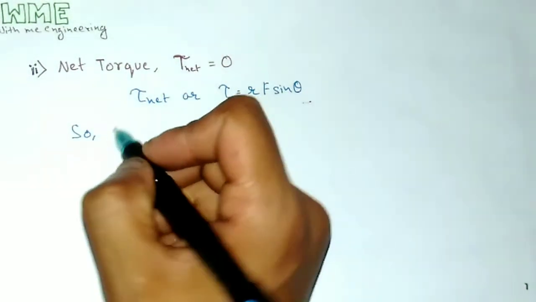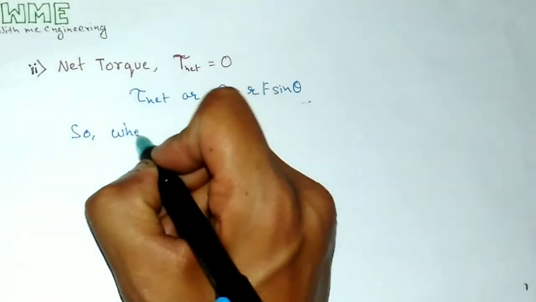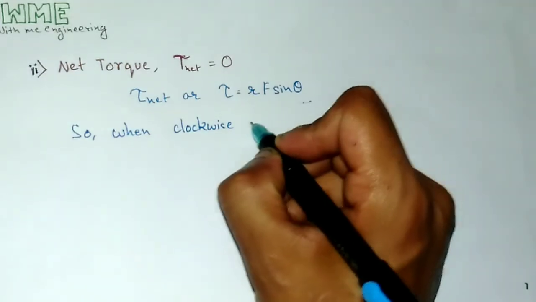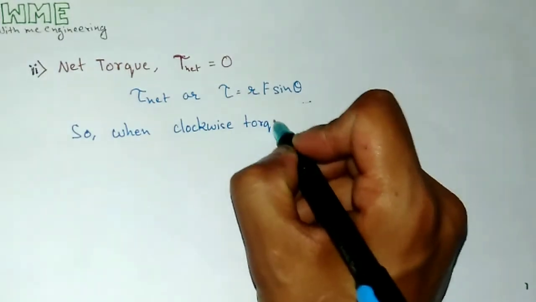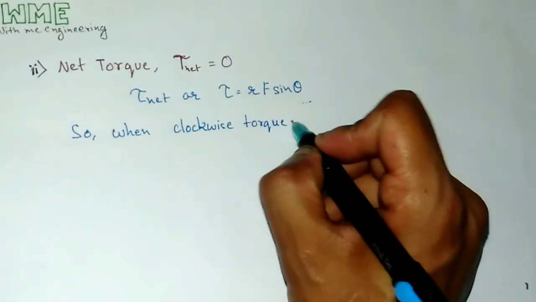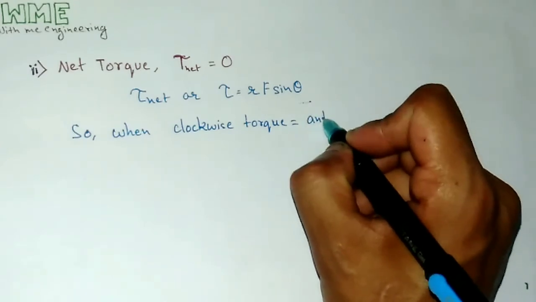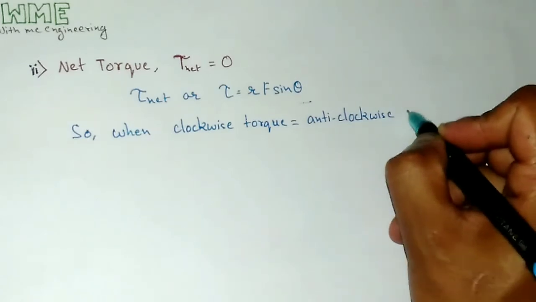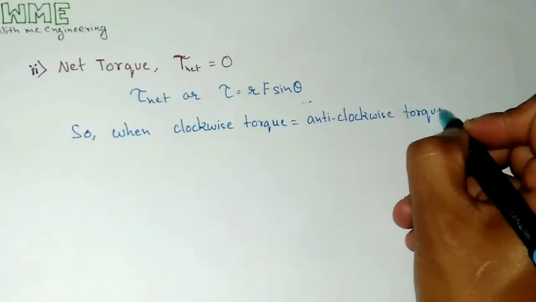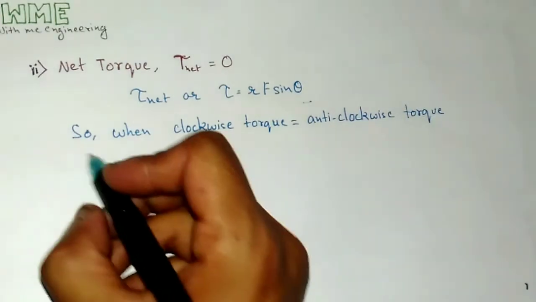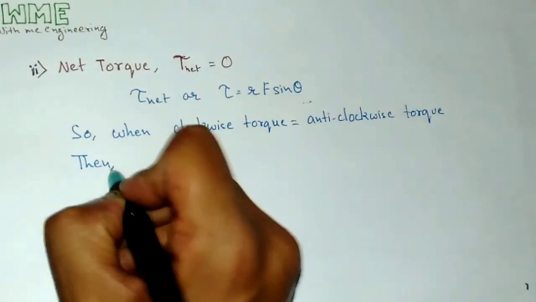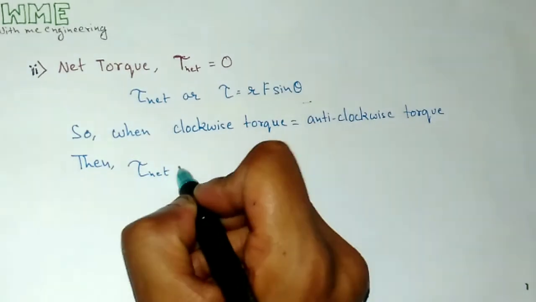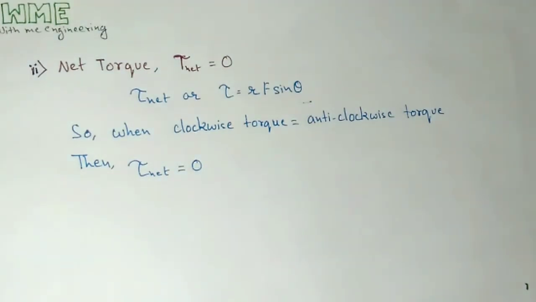When clockwise torque is equal to anti-clockwise torque, then tau net shall be equal to 0.